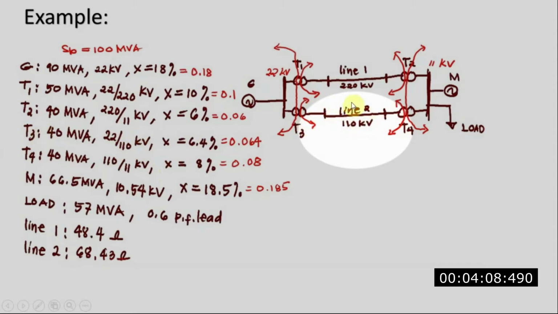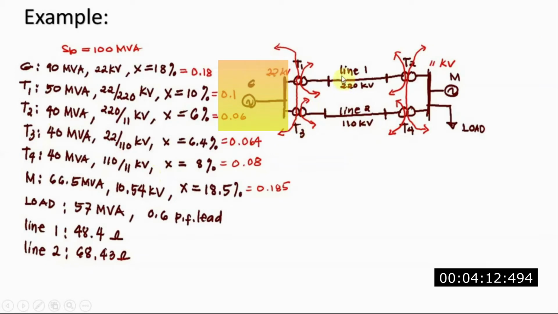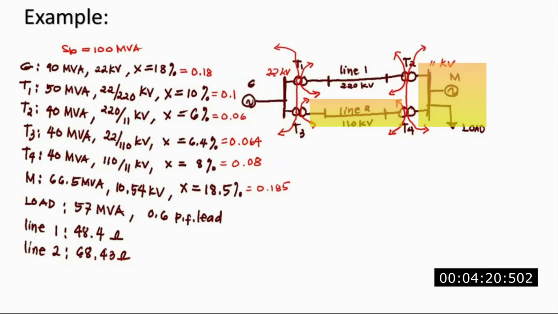So this is another section for line 2, 110 kV. So you have 1, 2, 3, and 4 sections separated by the chosen base voltage. And for each value given here, we can right away get the old per unit.